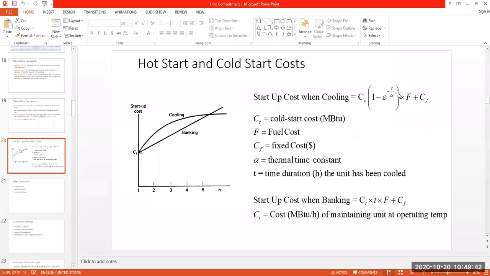We saw that both these costs are a function of time t. So what was t? The time duration the unit was cooled. And the startup cost when banking was also a function of time.